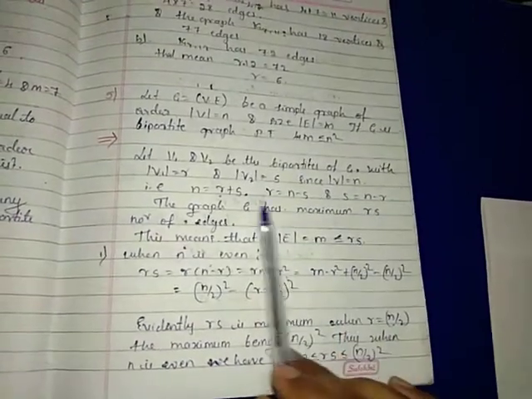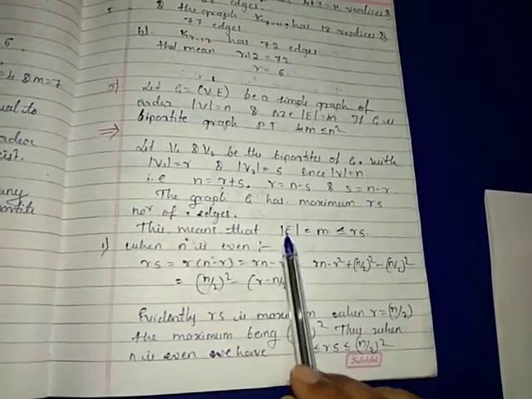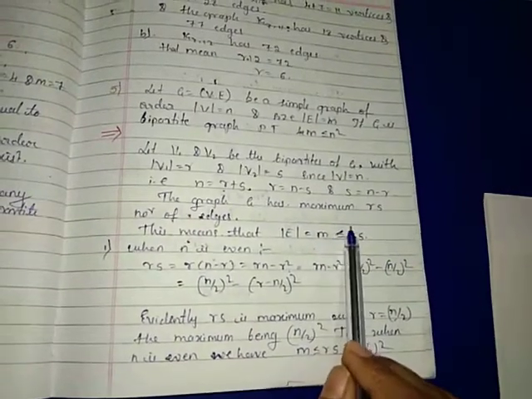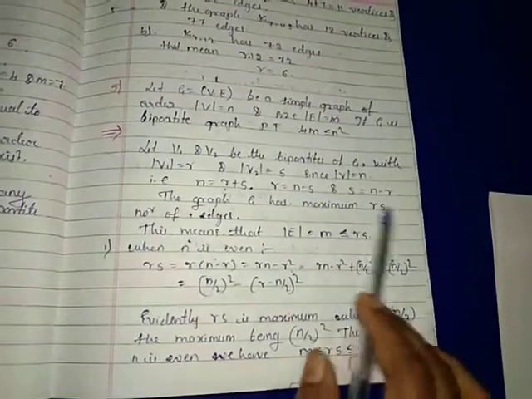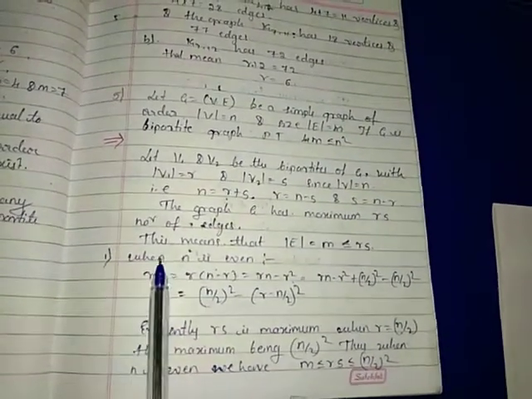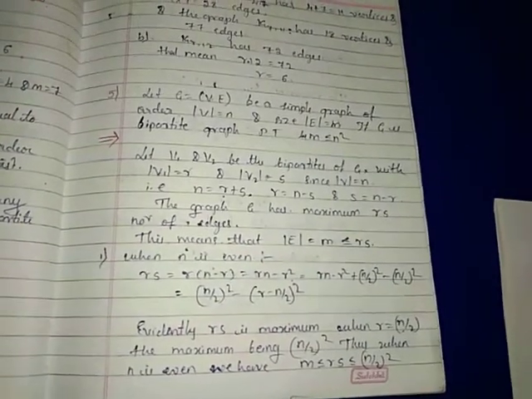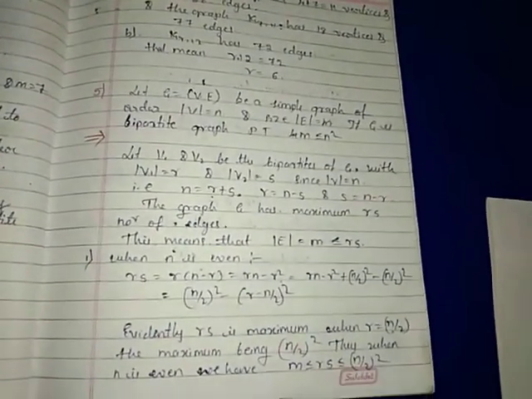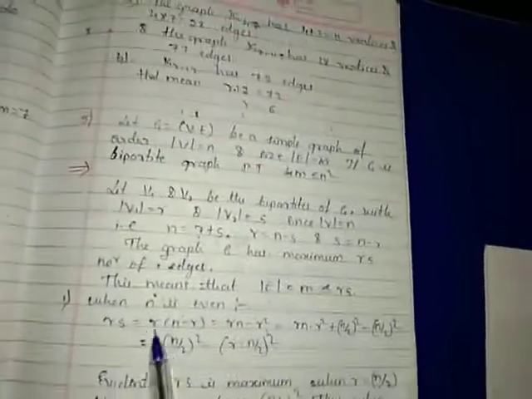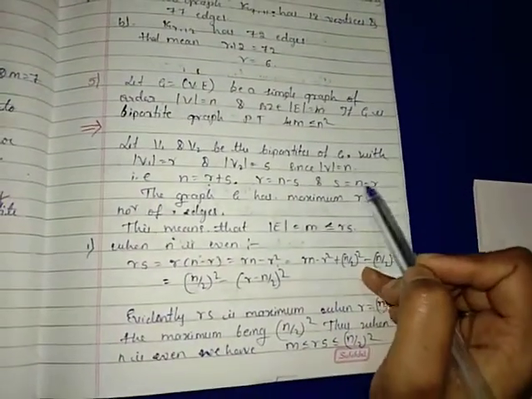Now if the graph has a maximum of rs edges, the cardinality of E, or m, should be less than or equal to rs. Now come to when n is even. When the number of vertices is even, I am moving to rs, where s is equal to n minus r.